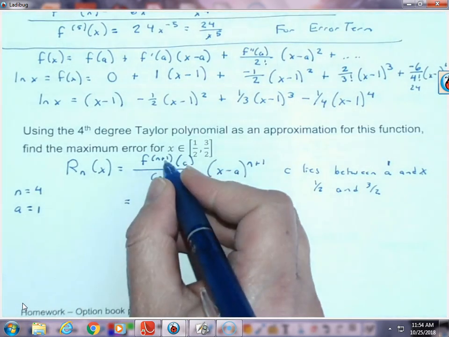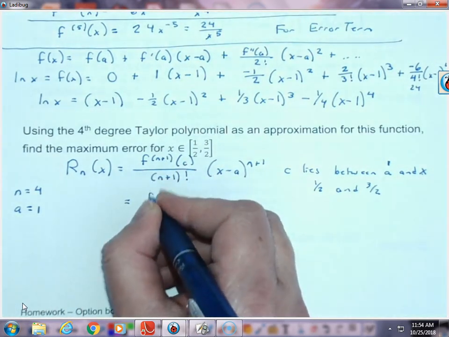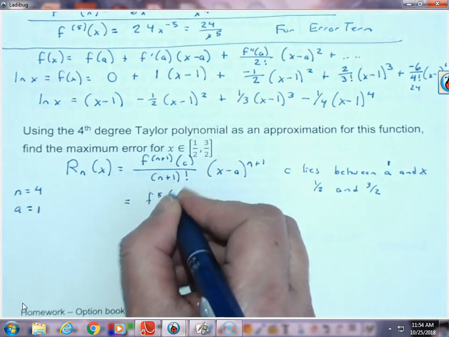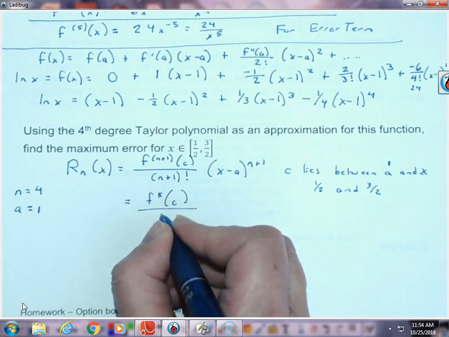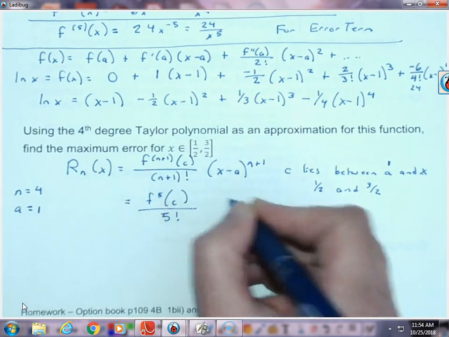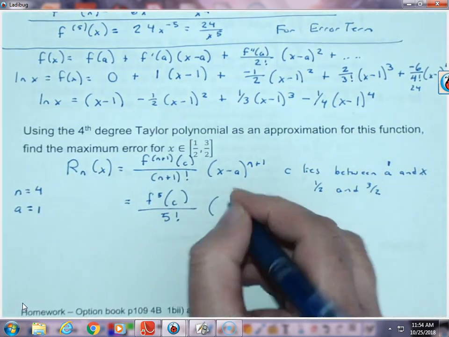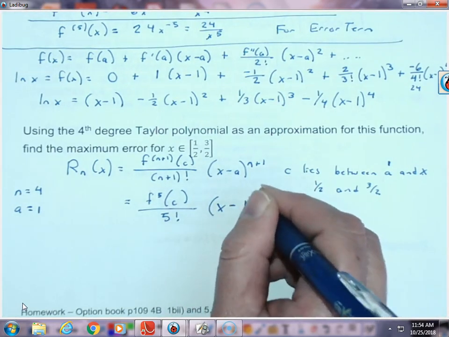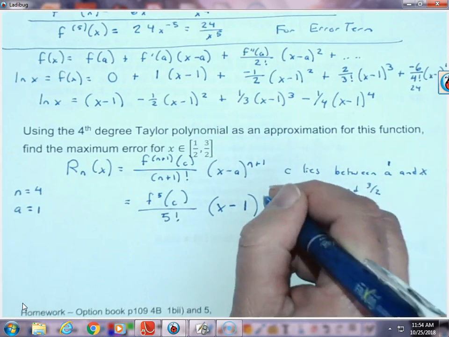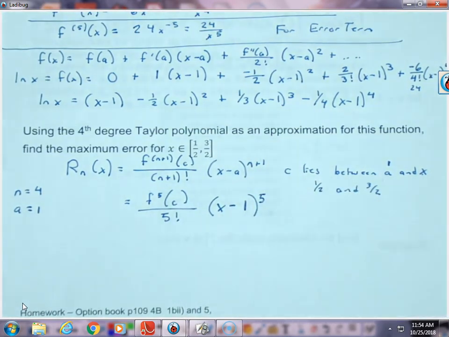Okay, so let's see what we can do with this. If it's the n plus first derivative, that's really just the 5th derivative at C over what factorial? 5 factorial. I'm a little confused about this x business, so I'm just going to put x. I know the A, and I've got the 5. Now, I also know the 5th derivative.